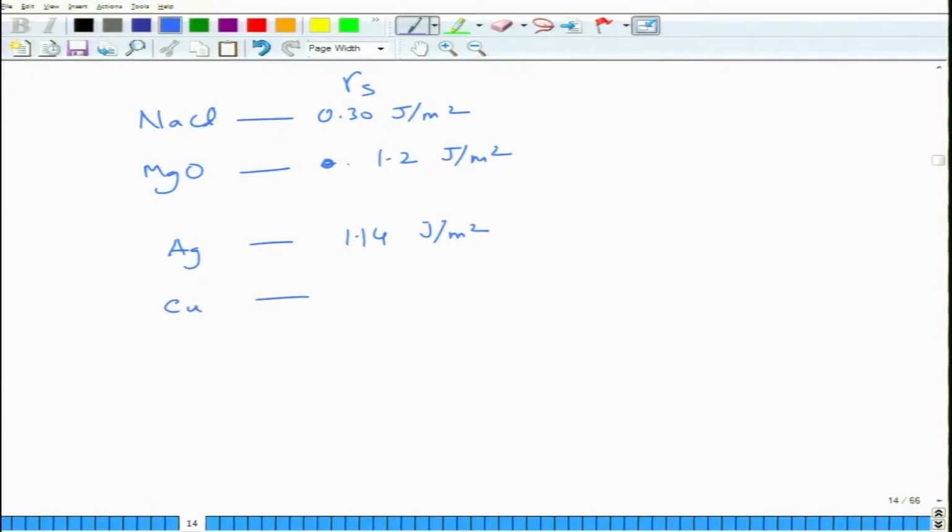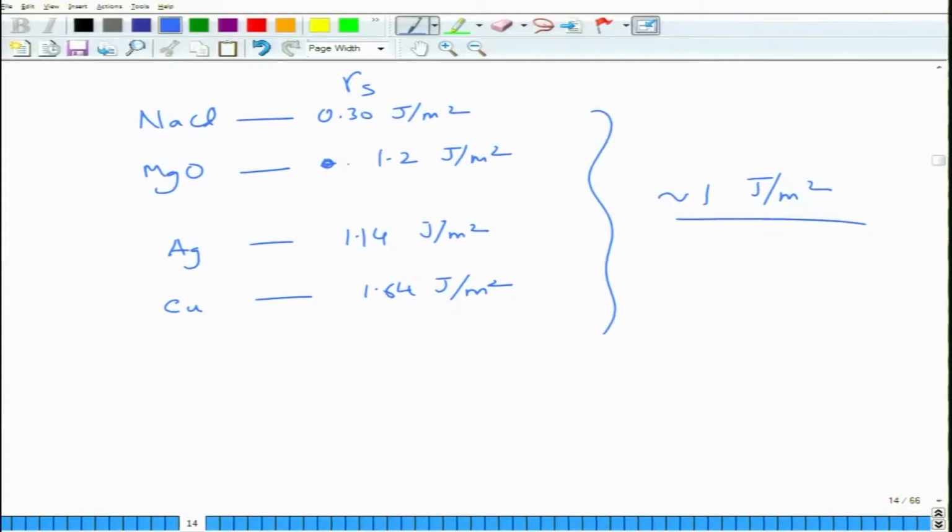Copper has an energy of 1.64 joules per meter square. So these are the surface energy values of most crystals. By and large they are within the range of 1 joule per meter square, plus or minus 0.5 or so. However, some crystals have lower surface energy as well, which means they can have large surface area.